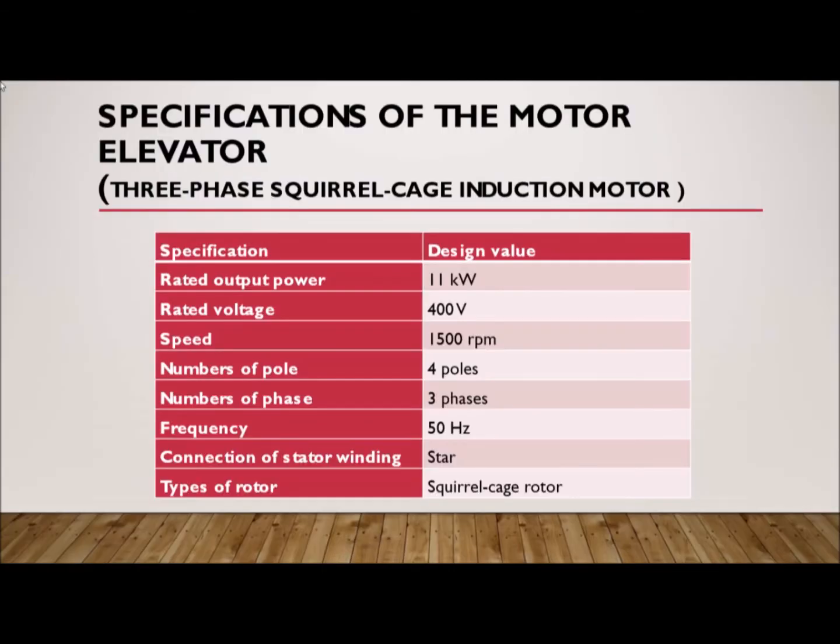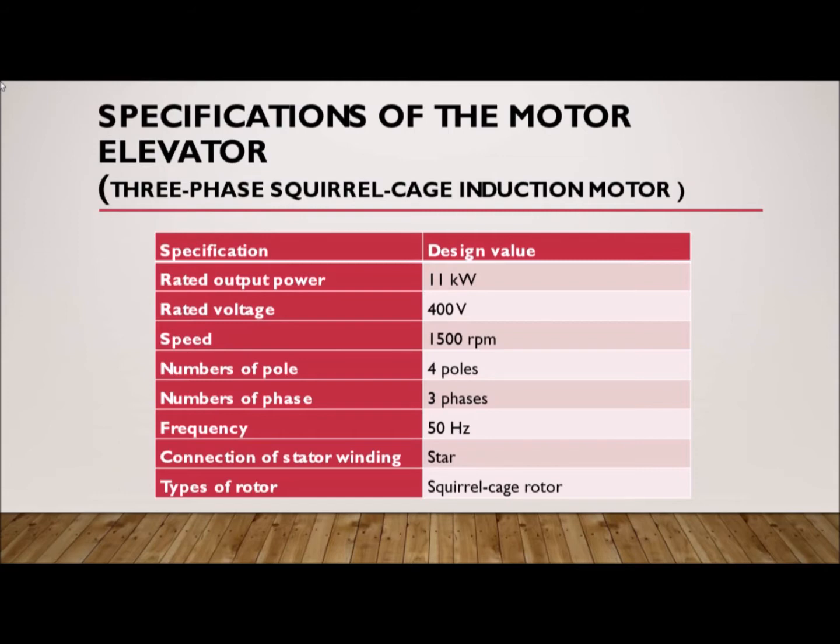Today, I will explain the specification of the elevator motor that we use, which is a three-phase squirrel cage induction motor in this lift. First, rated output power: design value is 11 kilowatts. Rated voltage: 400 volts.